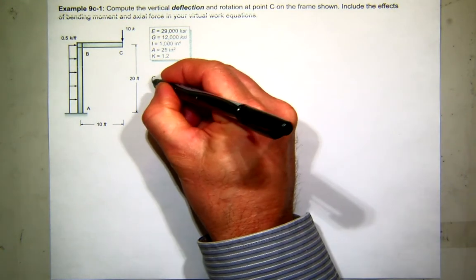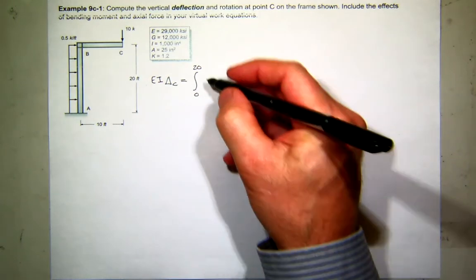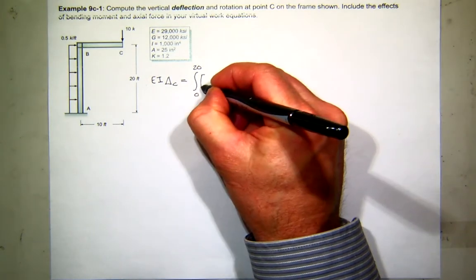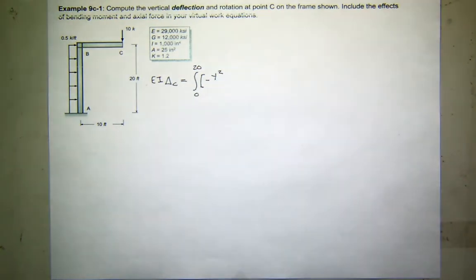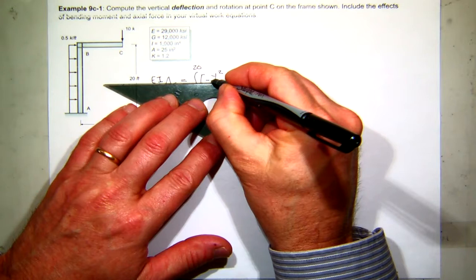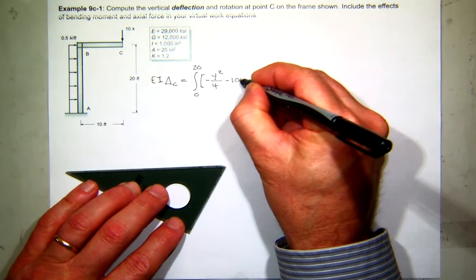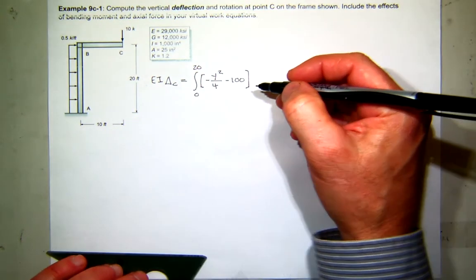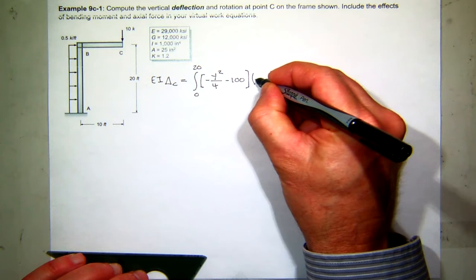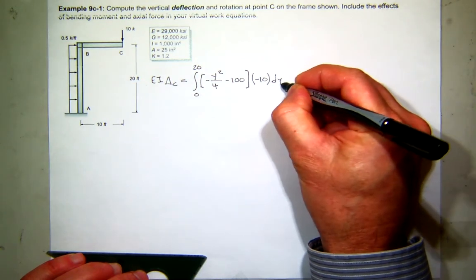I'm going to put the E and I over here, and then I'll divide by it later. So the real moment in the system is minus y squared over 4 minus 100. That's the real moment. And the virtual moment over the same piece is minus 10. And that will be integrated dy.